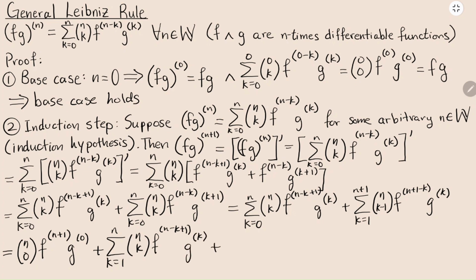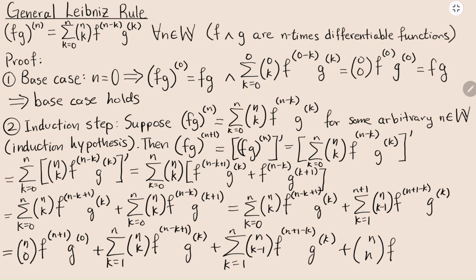And then plus, from this sum, I'm going to pull out the k equals n plus 1 term. So this will be k equals 1 to n now, n choose k minus 1, and the rest. Then adding the n plus 1th term is going to be n choose n plus 1 minus 1, which is n, f, and then n plus 1 minus n plus 1 is going to be 0, then g^(n+1).